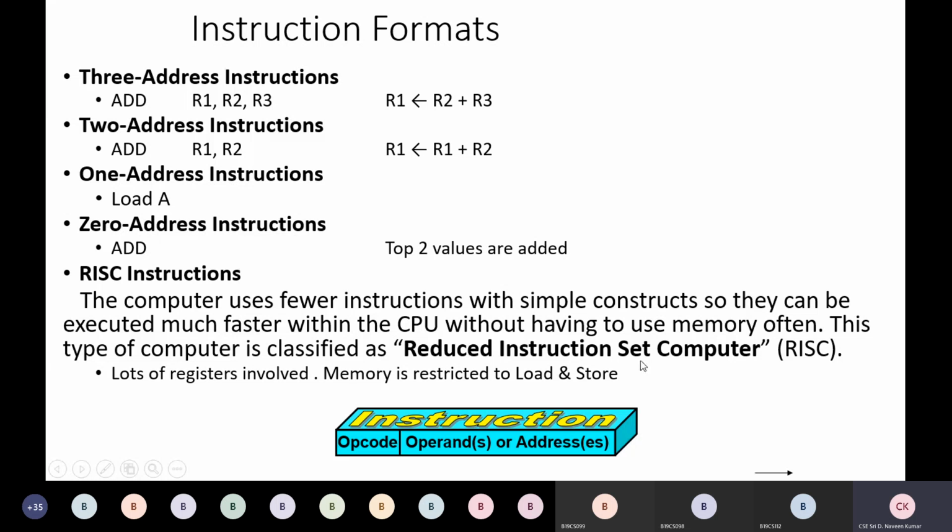It mostly uses internal CPU registers and makes less usage of main memory. The main memory usage is restricted only to load and store operations.